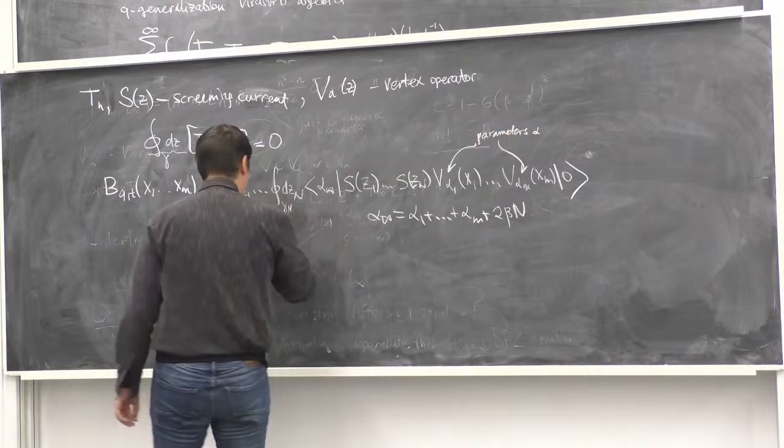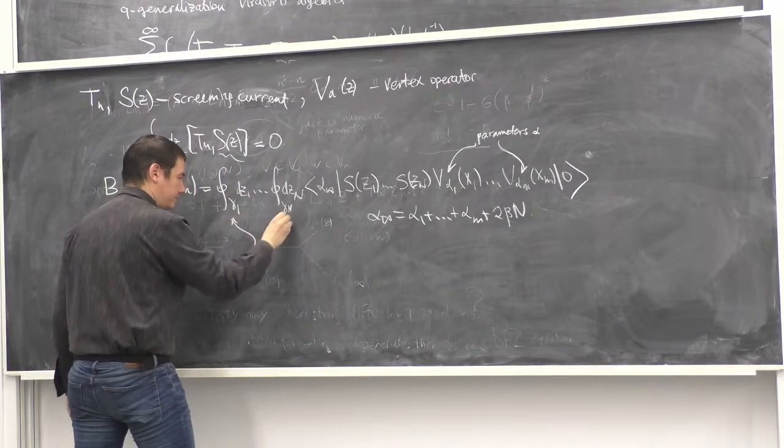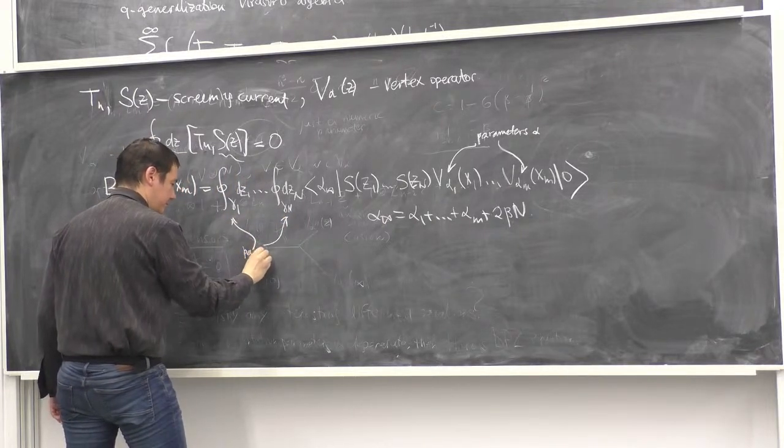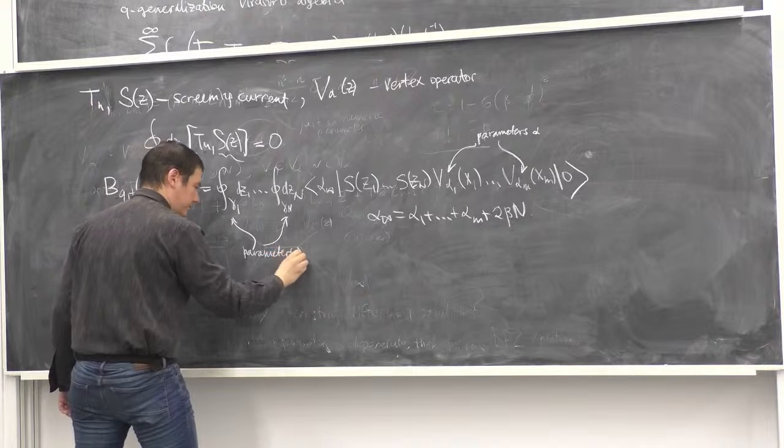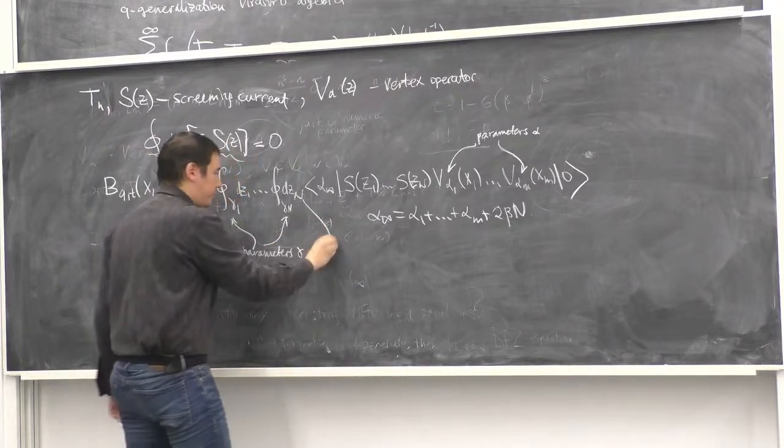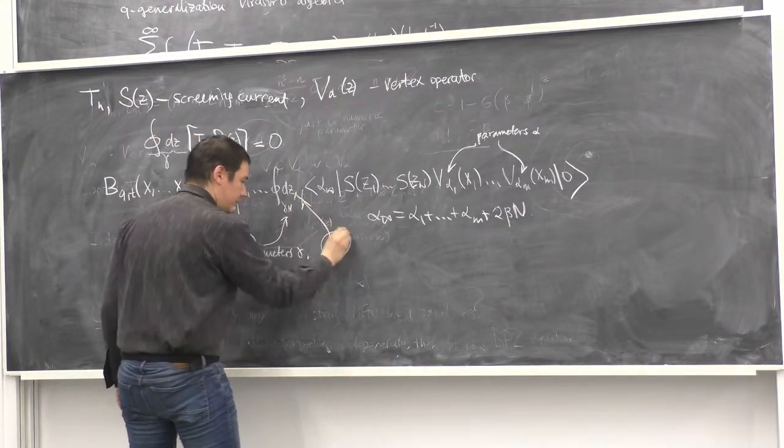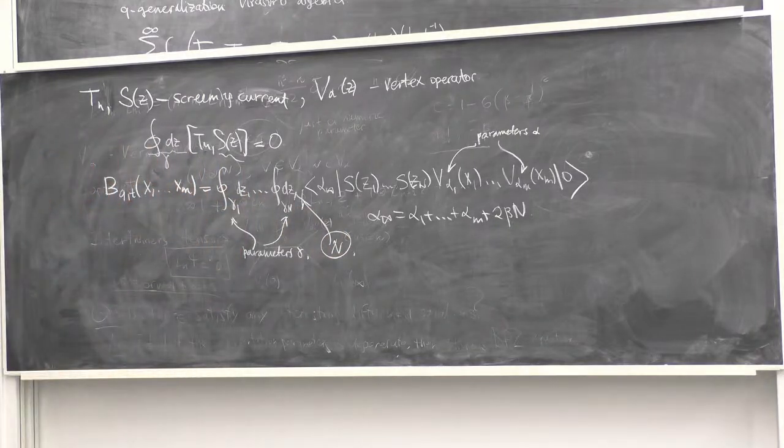But there is also, of course, parameters gamma. And there is also n, which is also a parameter. Well, as usual, the conformal block depends on some parameters.